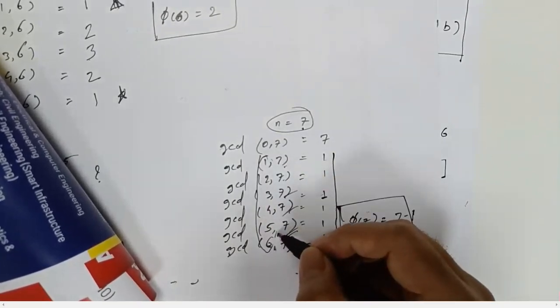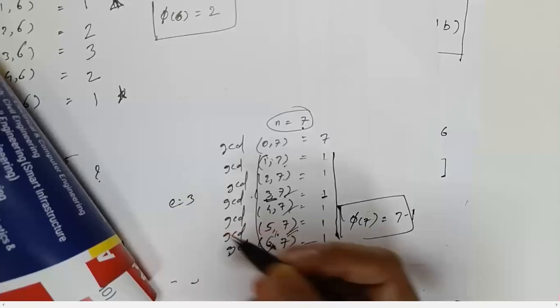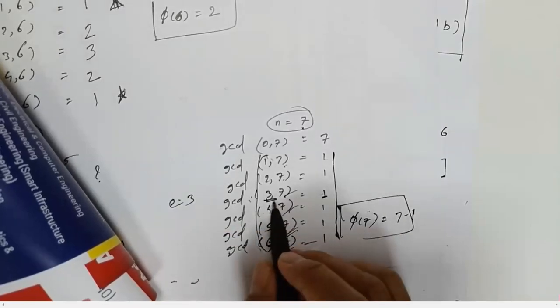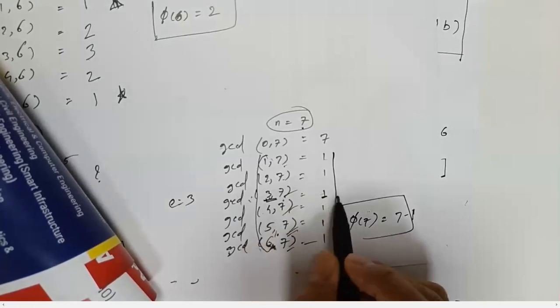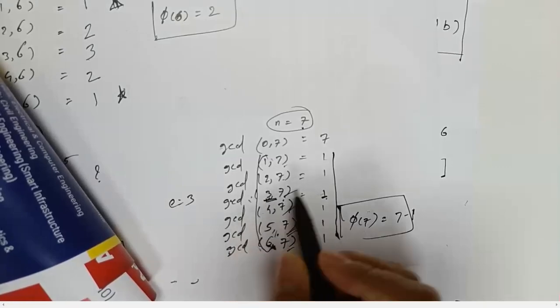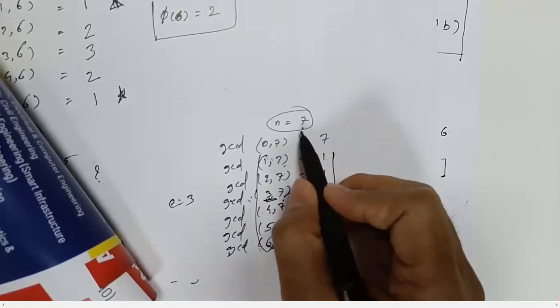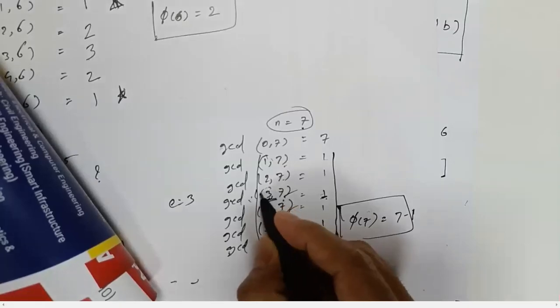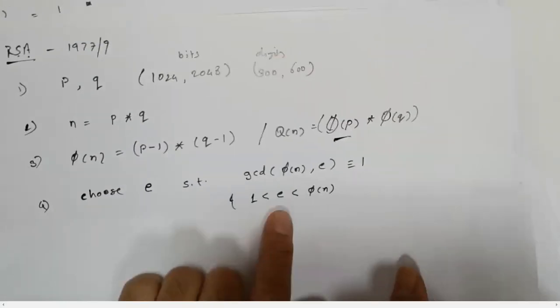That can be E equal to 3, so this condition is satisfied: GCD of E and phi of n is 1, and 3 is greater than 1 and less than 7. If you choose any such number, that will satisfy these two conditions.